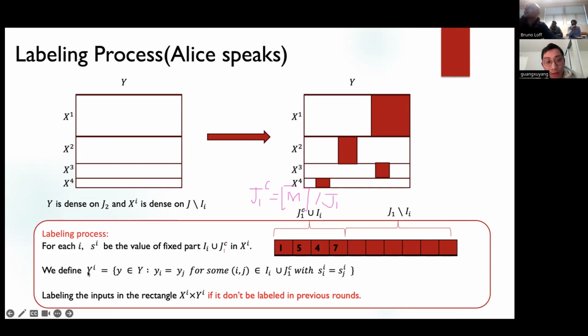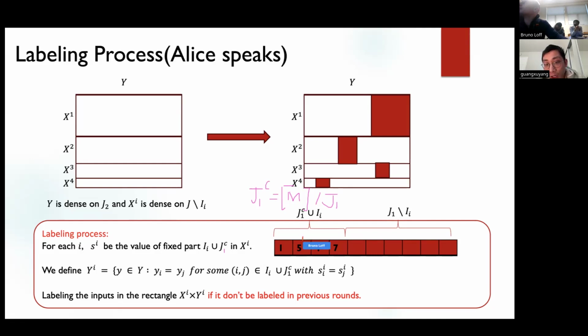I don't think that SI is what you're saying it is. I think SI is just everything, no? Oh, sorry, I'm wrong. I now understand. So now you've chosen two coordinates.